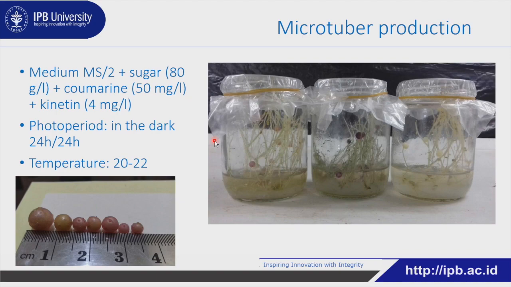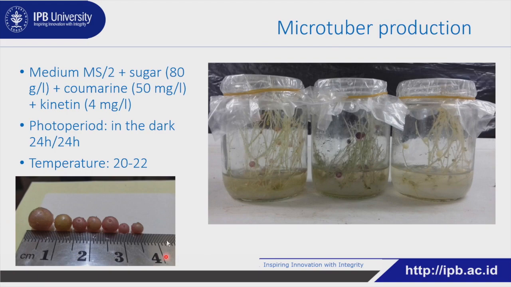So besides producing plantlets in the in vitro propagation of potato, we can also produce microtubers, which are also desired by farmers because, compared to cuttings or plantlets, this propagule is easier to transport and store.